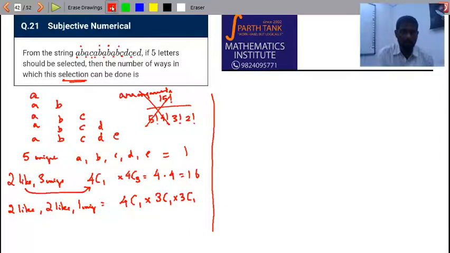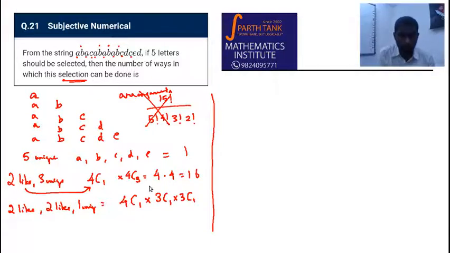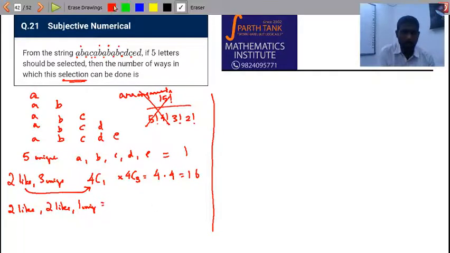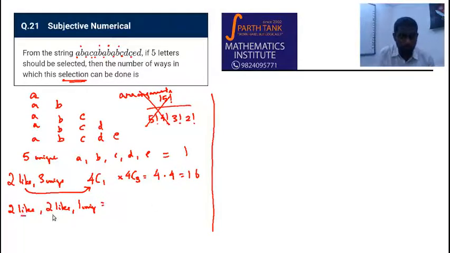Sorry, I made a silly mistake here. 2 pairs of likes, right? The argument is wrong. I'll explain why. 2 likes, that is from these 4, you have to choose 2 pairs of 2. It can be A, B, or A, C, or A, D, and so on.